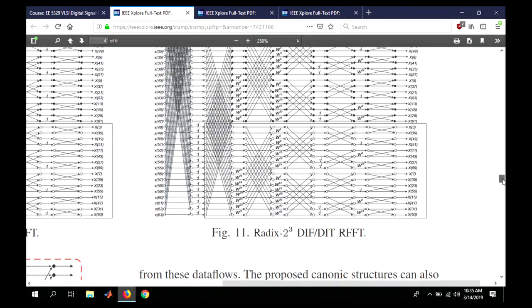If you look at what is going on, these are w to the power 8 and w to the power 24. Why are these w to the power 8 and w to the power 24 special in this radix 2 cube implementation? After stage 4, you will see the same thing again, w to the power 8 and 24. If the FFT size is 64, what is w to the power 8?